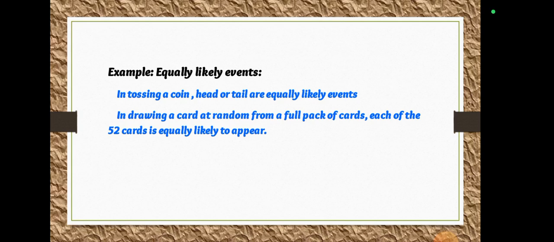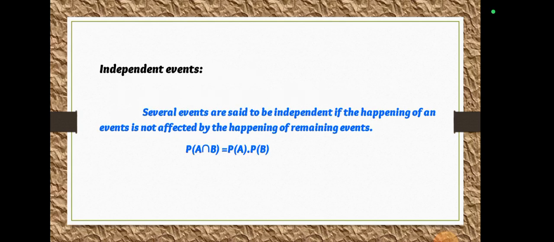If you select a card from 52 cards, we get the remaining 51 cards. That result does not affect the first card. So if you select the second card, it will appear likewise up to the end of the cards. So this is called equally likely events.